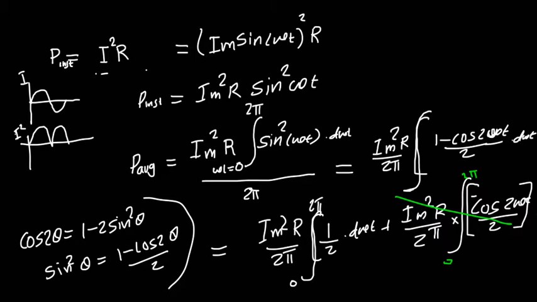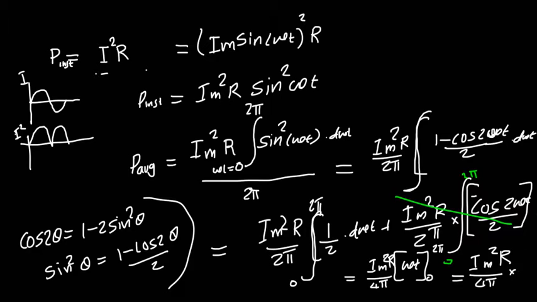So we can write this integral alone as Im square R by 4 pi into omega t from 0 to 2 pi, that is equal to Im square R by 4 pi into 2 pi minus 0. 2 pi and 2 pi will cancel.